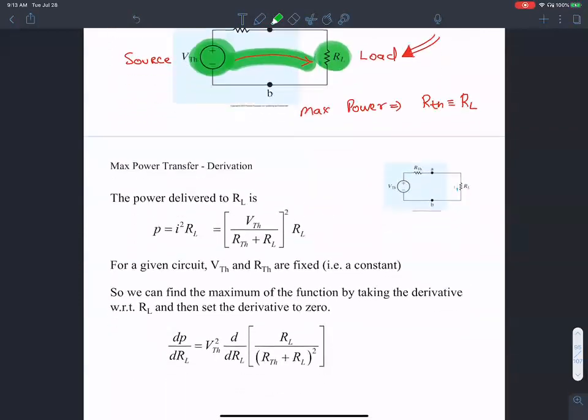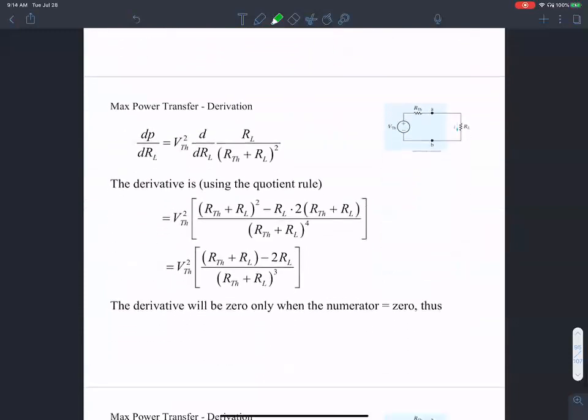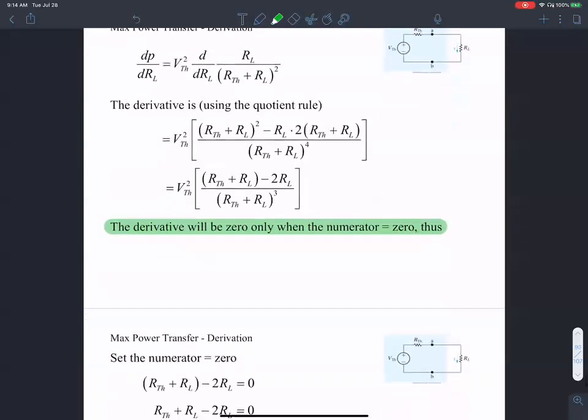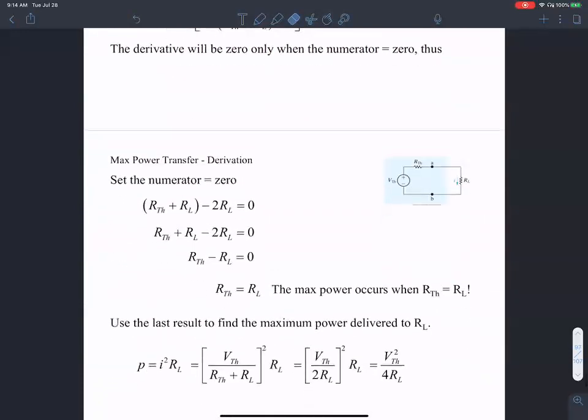Let's see, there is a proof of this, but I'm not going to go into it. All there is to the proof is to take the derivative and equate that derivative to 0. In order to find the maximum or minimum, you equate the first-order derivative to 0; that represents the inflection point or the maximum or minimum point.